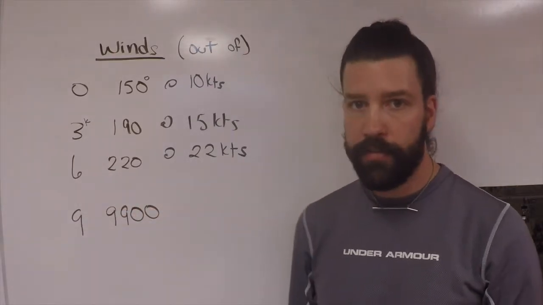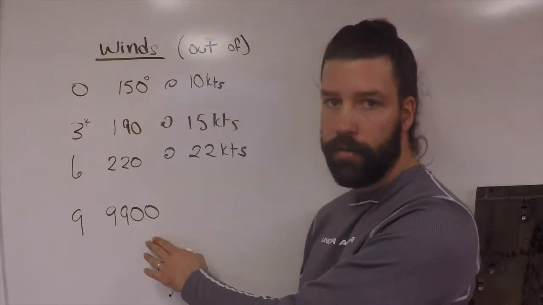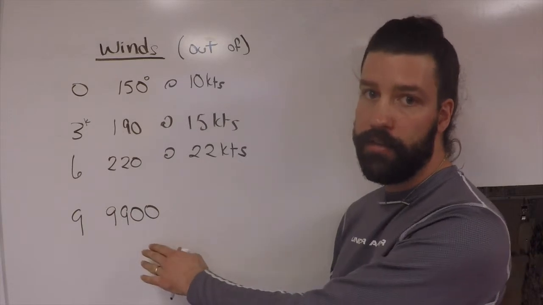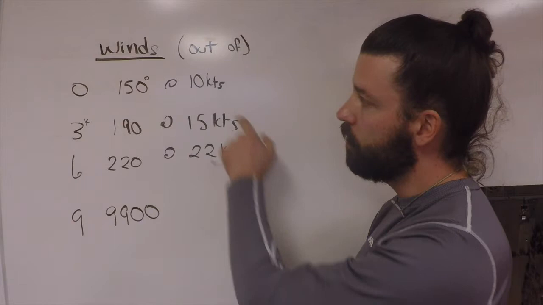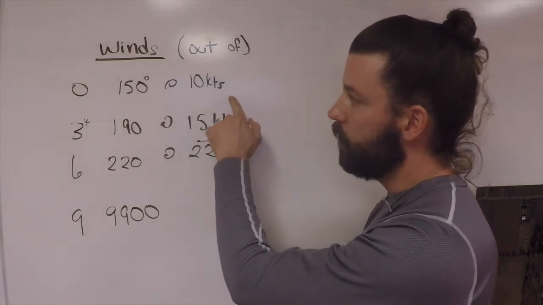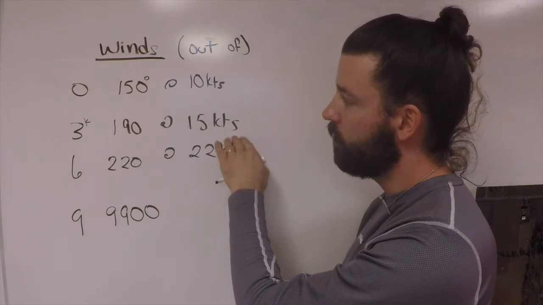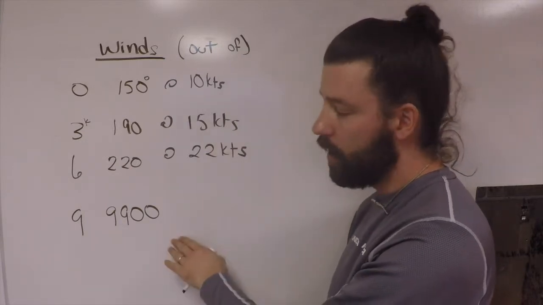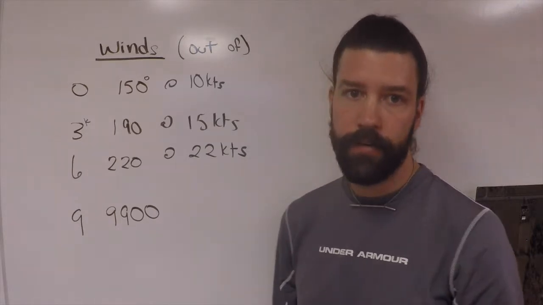Another symbol that you might see on the winds aloft board is this. What this means is that winds are so light and variable that the winds are considered to be insignificant. Nothing to worry about. So we go from the winds coming a little bit out of the southeast to winds coming more out of the south to winds coming out of the southwest, and then at 9,000 feet the winds aren't doing enough to really even consider.